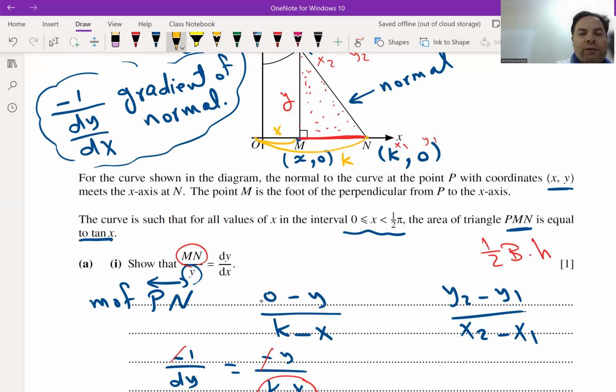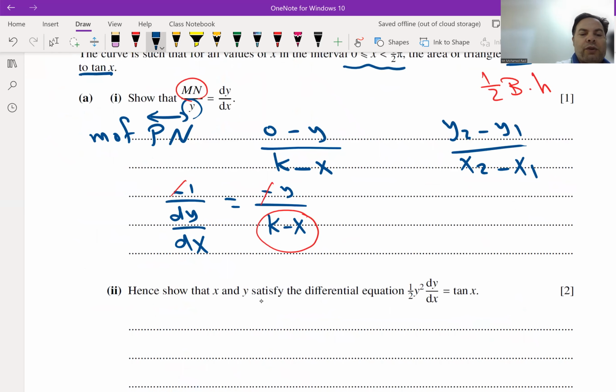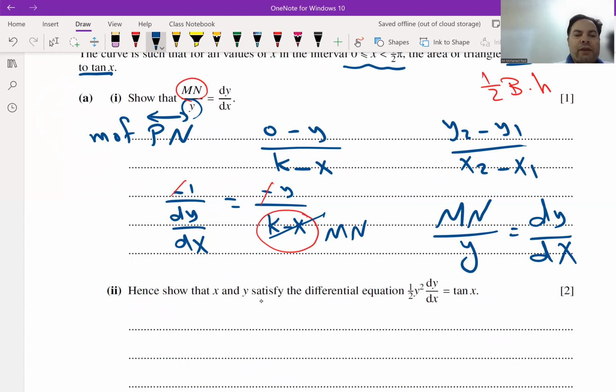So this part will be k minus x. So k minus x is MN. Cross multiplication, cancel negative with negative, take the reciprocal of each, and you will get dy by dx is equal to MN over y. I will write it in the same arrangement as the question: MN over y is equal to dy by dx. This is part 1.